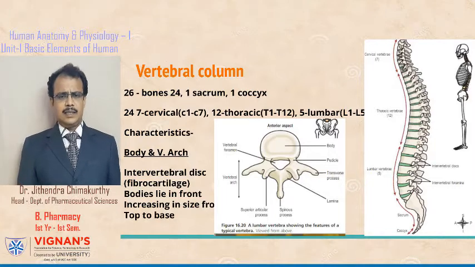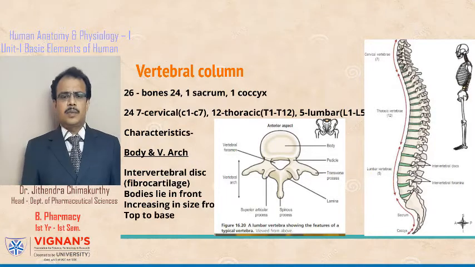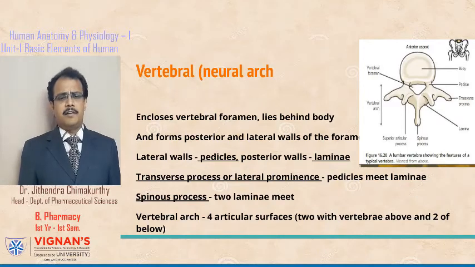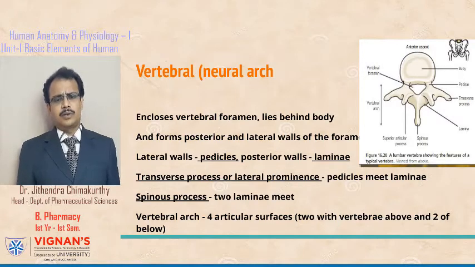Now let's see the common characteristics of a typical vertebra. Any vertebra in general will have a body and a vertebral arch, and this vertebral arch is also called the neural arch.